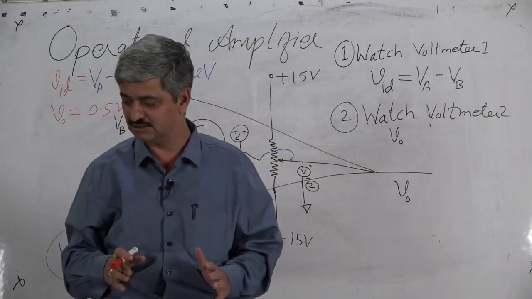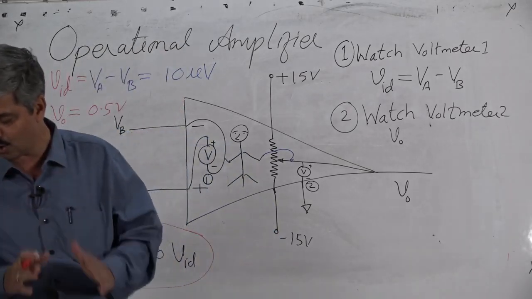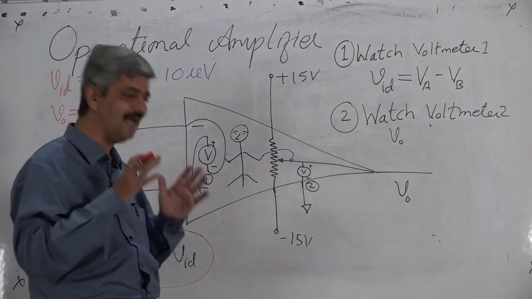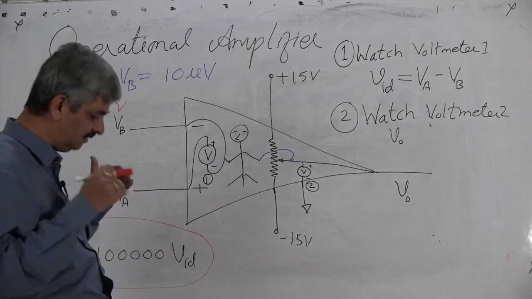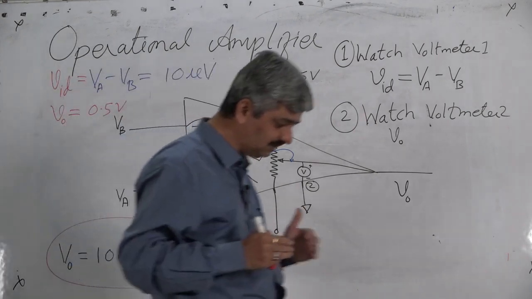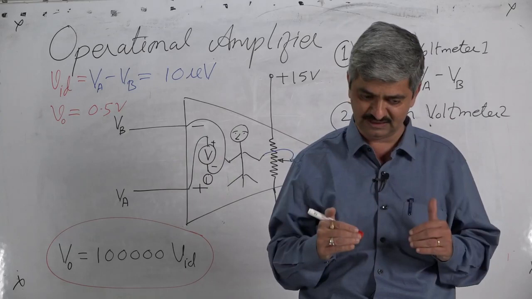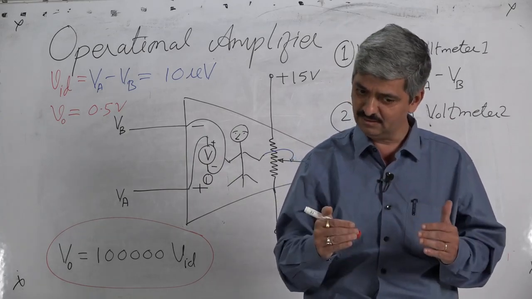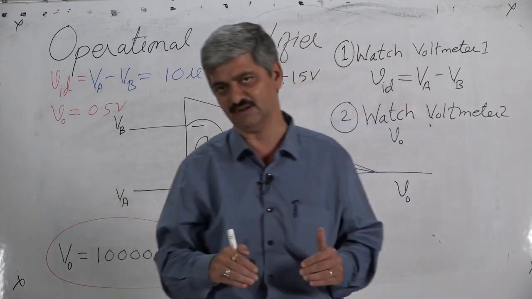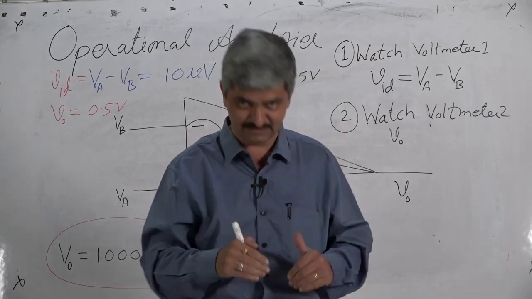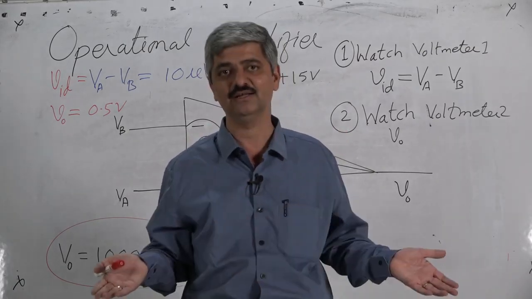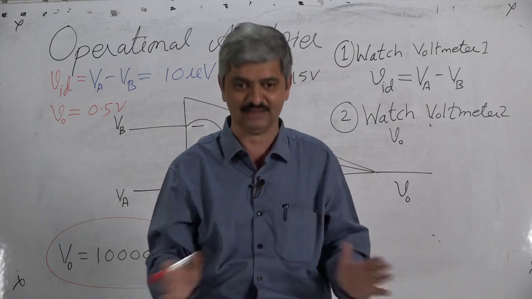Try your level best to have VO equal to 1 lakh into VID. You are successful till VID is 150 microvolts, VO is 15 volts. On the negative side, if VID is minus 150, VO is minus 15, and beyond that you cannot work.